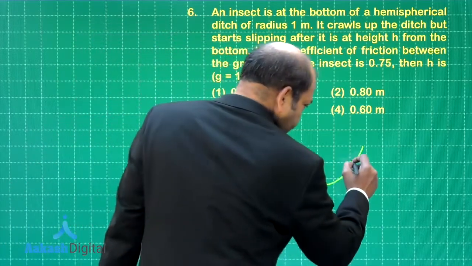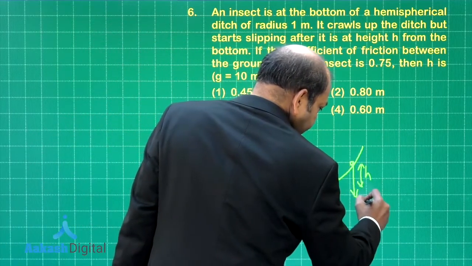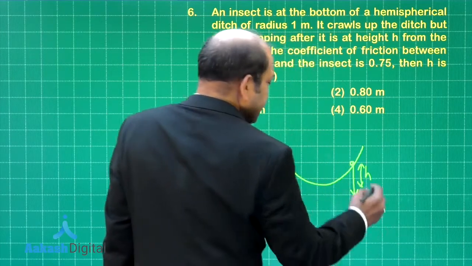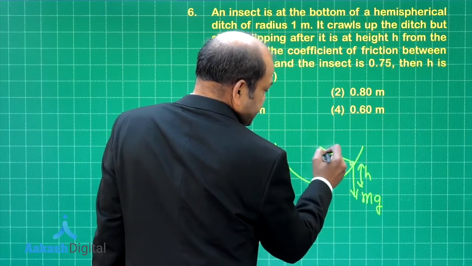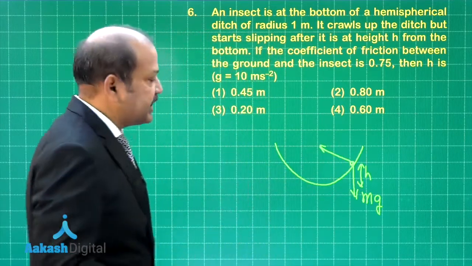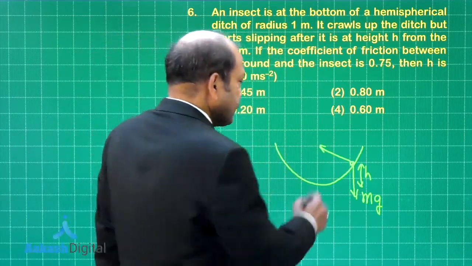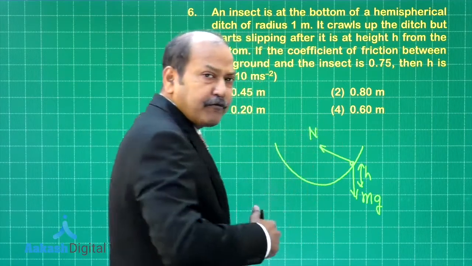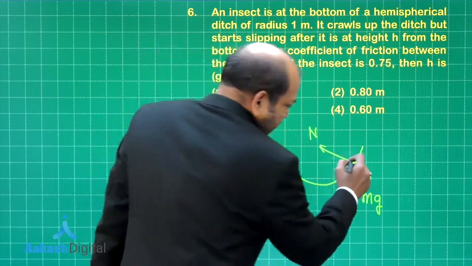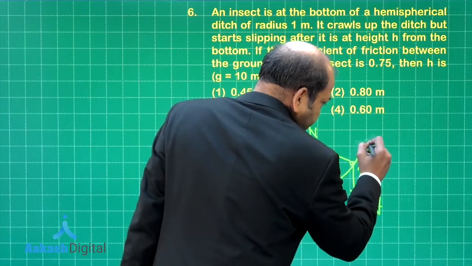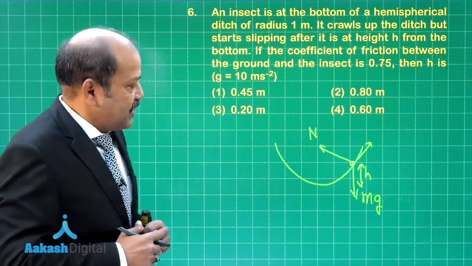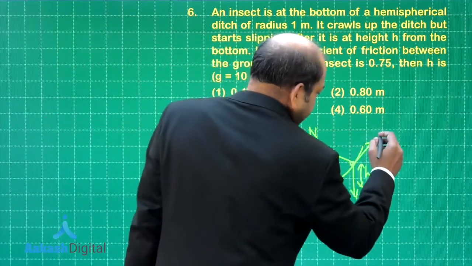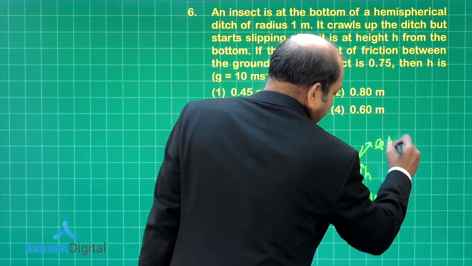Well, the forces are mg, its weight, the normal reaction, and the normal reaction will be passing through the center of curvature. The line of the normal reaction will be passing through the center of curvature, and the frictional force. Well, in this particular case, the frictional force is the limiting friction because it's the maximum height to which it can reach. So that means we can take the frictional force as mu into n.